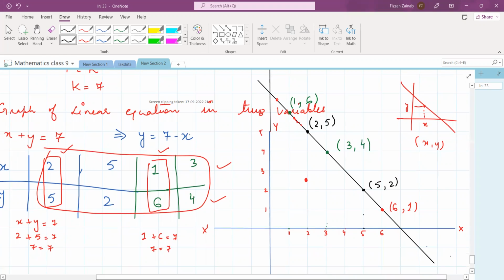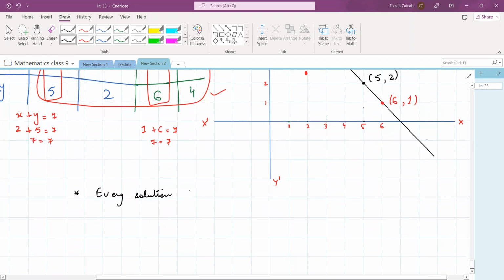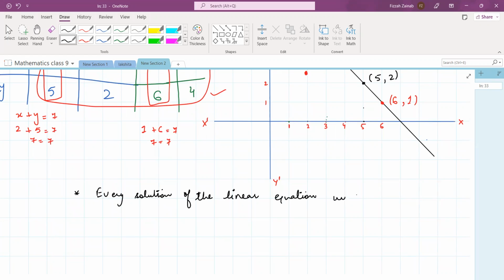So have you drawn it? Yes, ma'am. Okay. Zainab, have you drawn it? Yes, ma'am. So you write every solution of the linear equation will lie on the line, right?